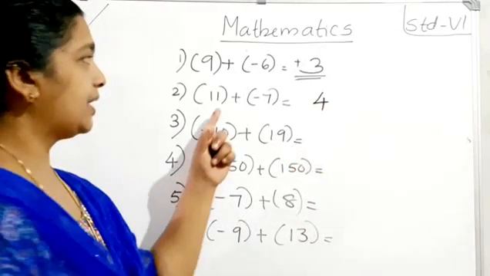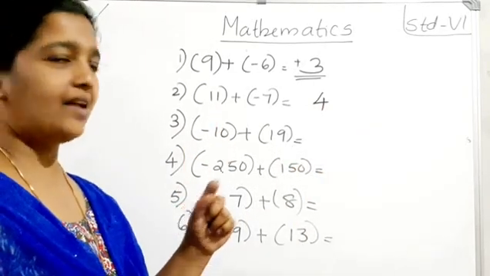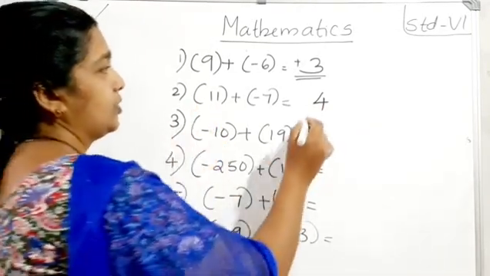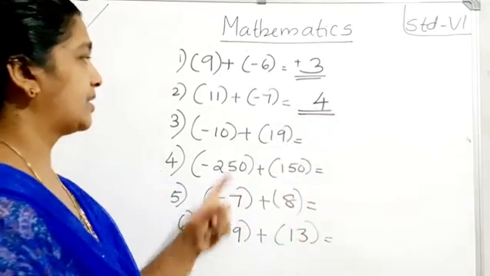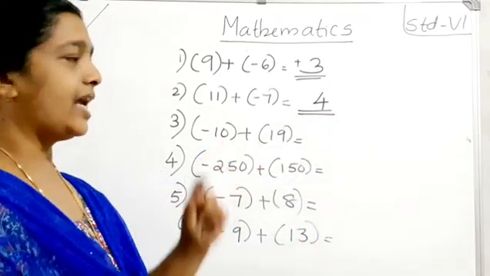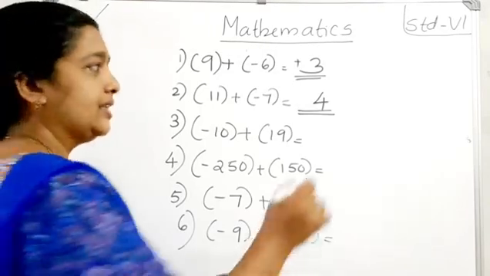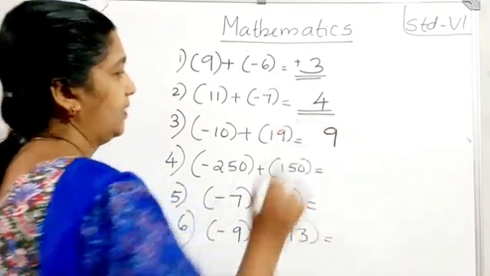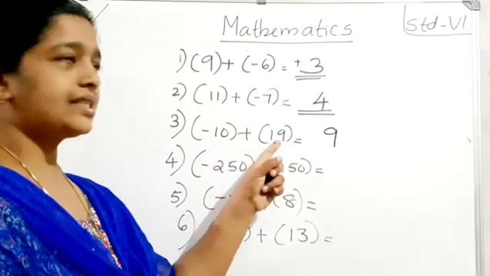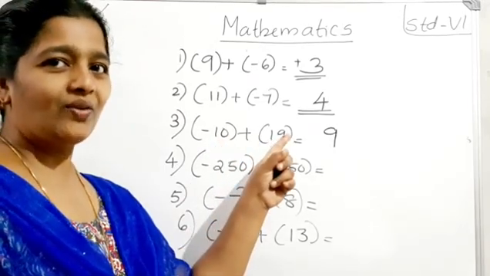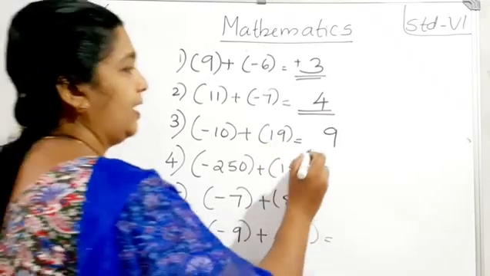Then which number is greatest? 11. Which symbol? Plus. So 4. Understand? Next. -10 plus 19. 19 minus 10 equals 9. Then which number is greatest? 19. So we put the positive symbol.